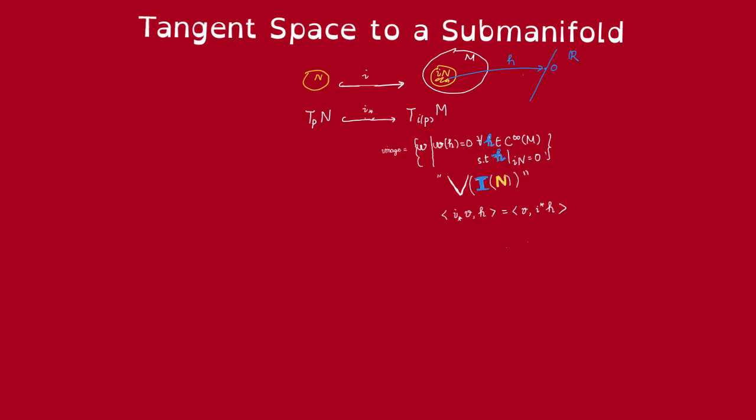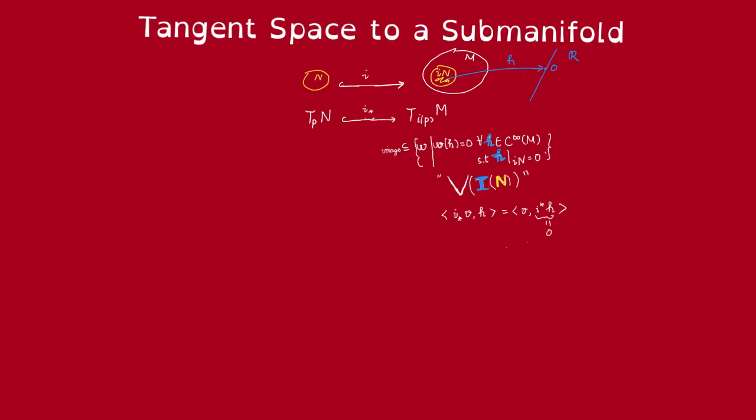Previously, we saw that the image of this map indeed must lie inside this space. We already have that the image must lie inside this space because if we have the push forward of any vector v, when we pair it with such an h, by definition of the pairing, this is just the same as v applied to the pullback of h, and this is 0 because h was supposed to vanish on I(N).